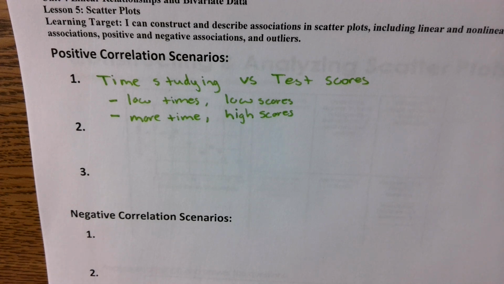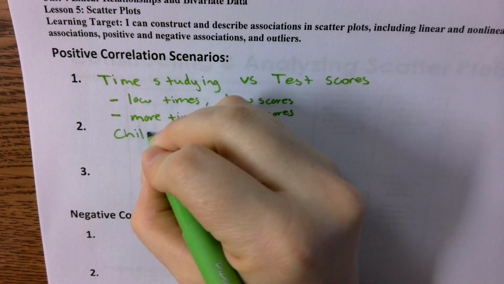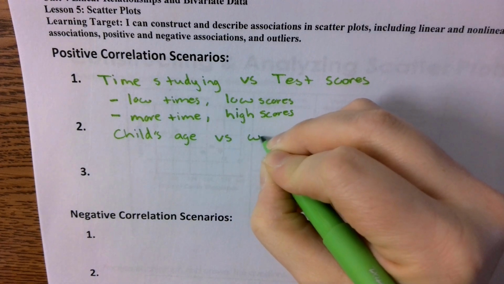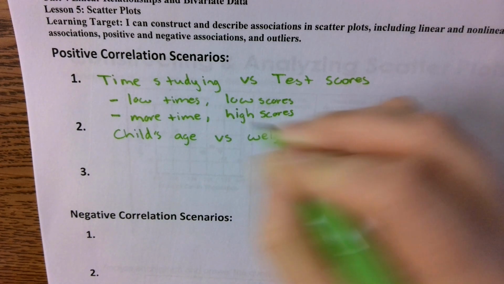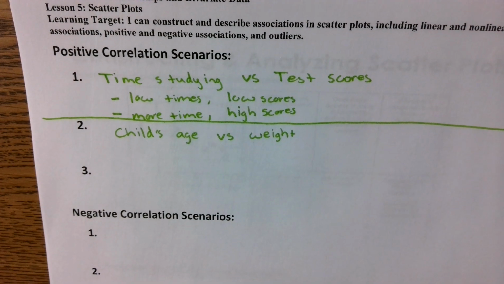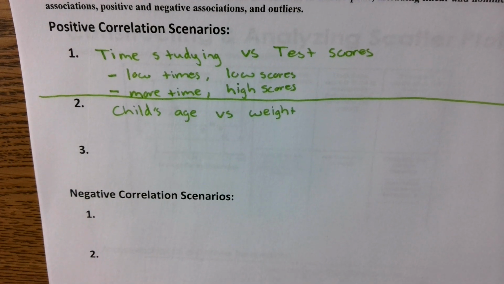Okay, some other ones, like a child's age versus their weight, right? As a child gets older, they are supposed to increase their weight. That's the goal. Notice I put child's age because it's not true for adults, right?